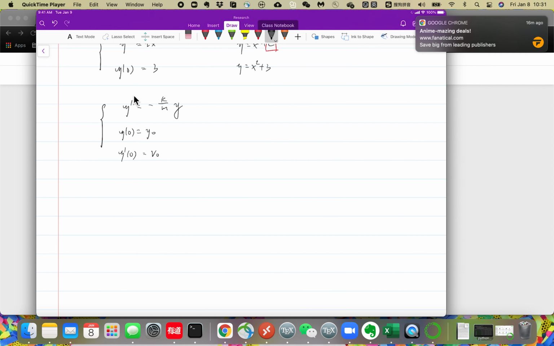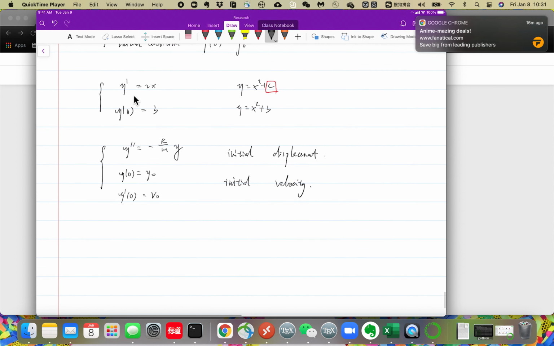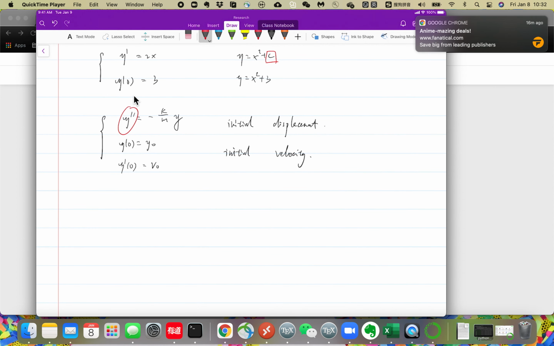Judging by physics, you need to give me the initial displacement. You also need to give me the initial velocity. Think about every example you have done before in physics. If you're trying to use Newton's second law, not only do you have the law, you need to know the initial displacement and you need to know the initial velocity. Otherwise, the whole thing is not complete. From here, you can see the number of initial conditions depends on the number of derivatives you have.